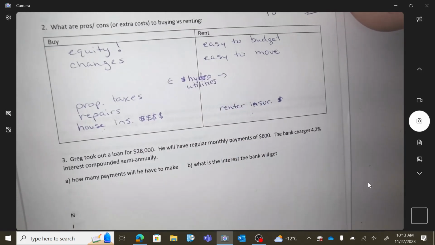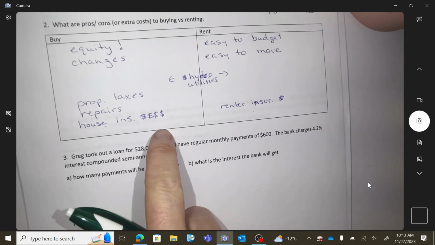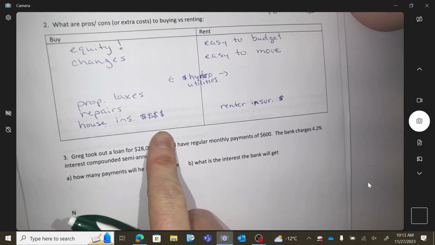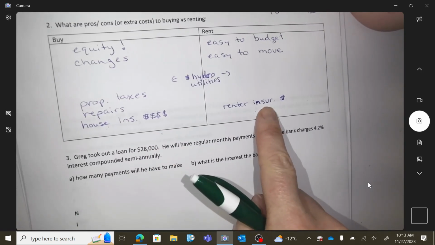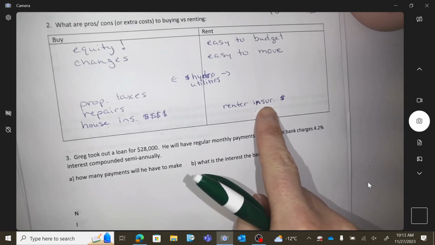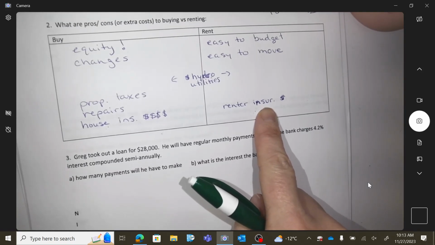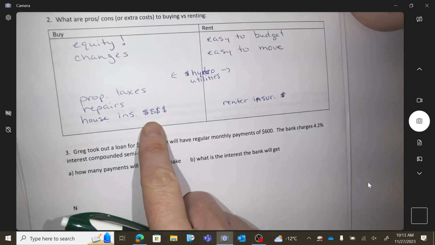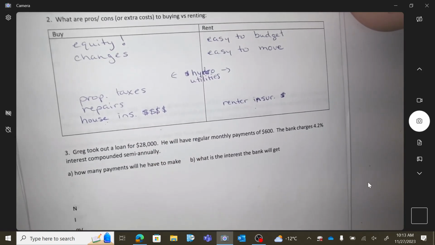Do you see what the difference would be in those two people? This person's insuring the whole house and the values inside, and this person's just insuring their stuff, their furniture, their clothes, right? So obviously this is going to cost a lot more. Anybody think of anything I missed?